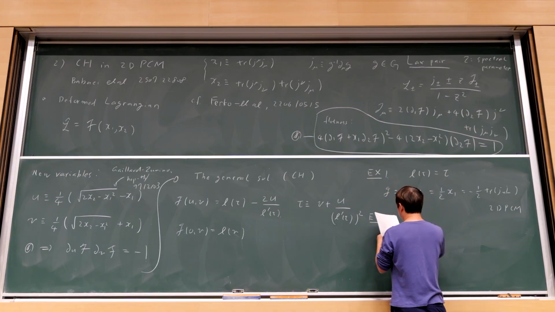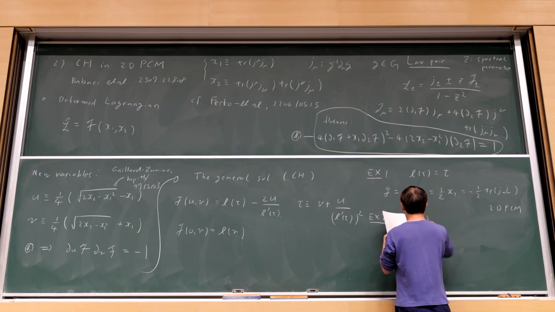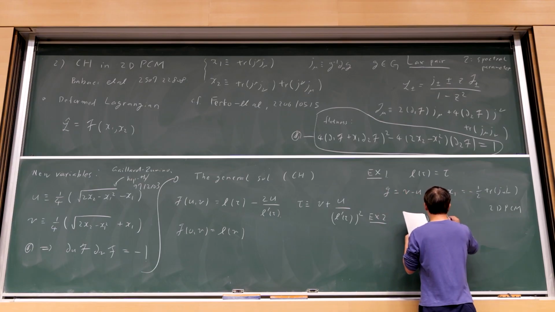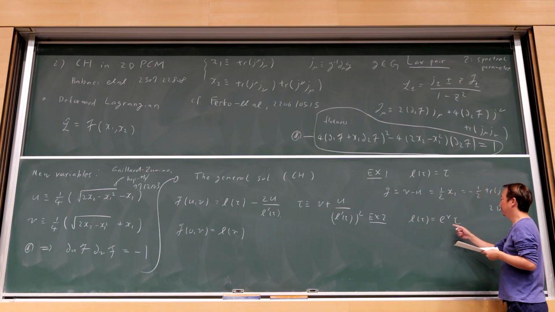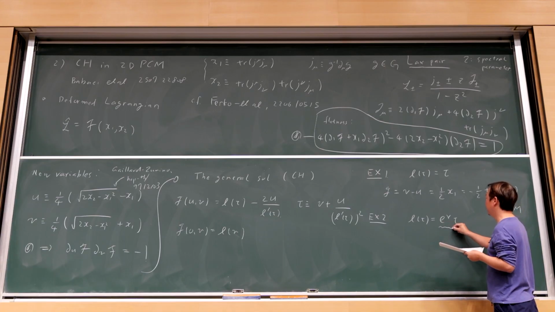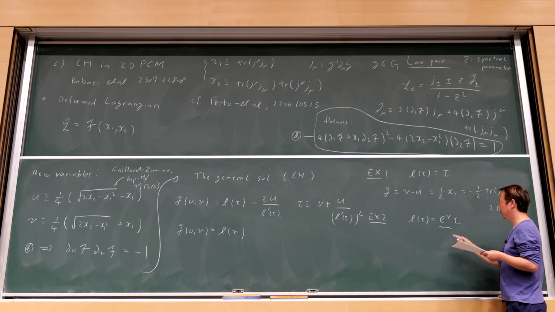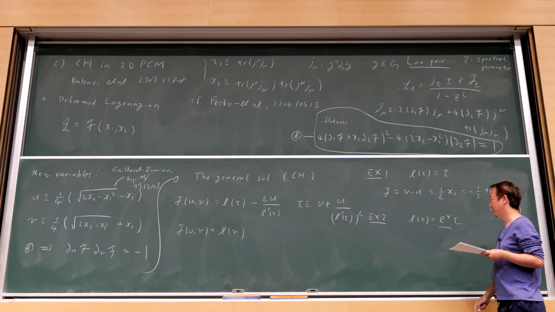The second case is exponential gamma tau. We can include some constant here, where gamma is a dimensionless constant.